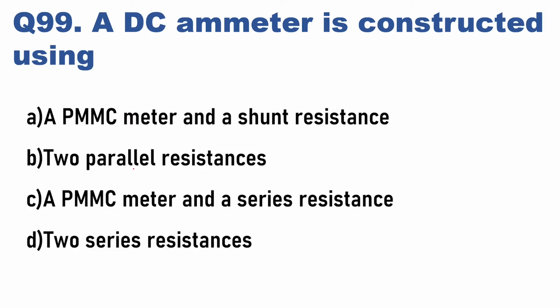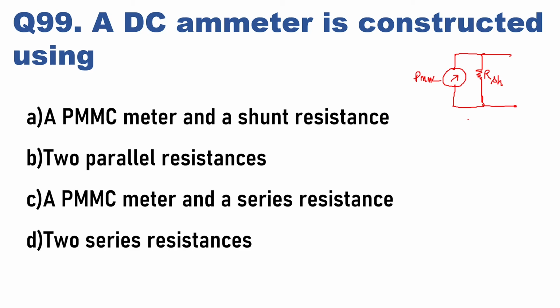A DC ammeter is constructed using. So we can have a DC ammeter, as we have studied. We can have a PMMC meter, and with the PMMC meter, if you have a resistance in parallel, which is called shunt resistance, then this can act as an ammeter. So this is the PMMC and this is your shunt resistance.